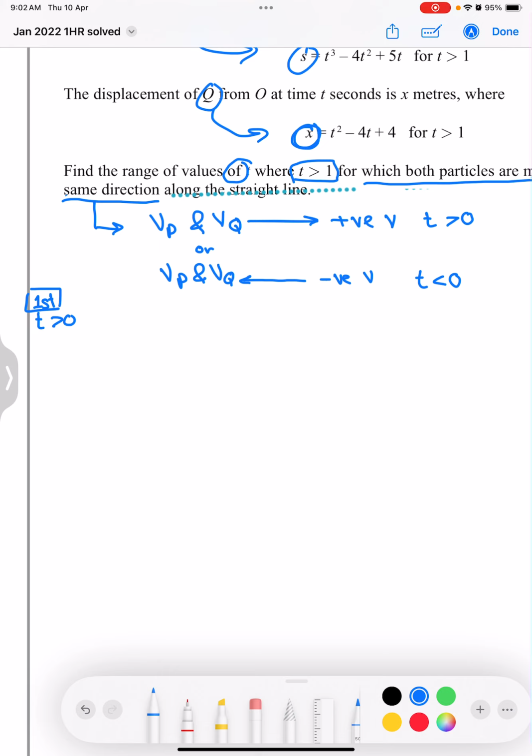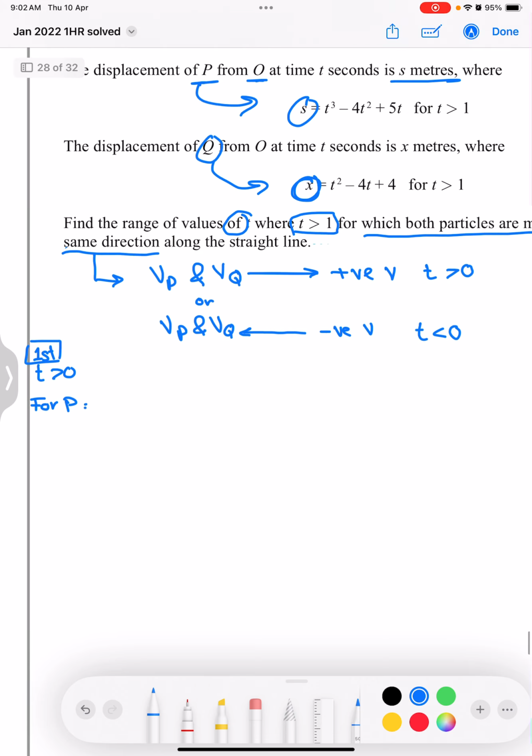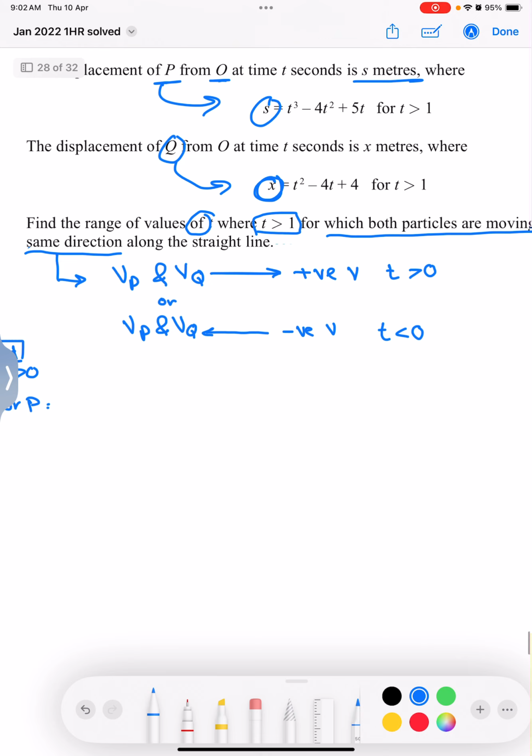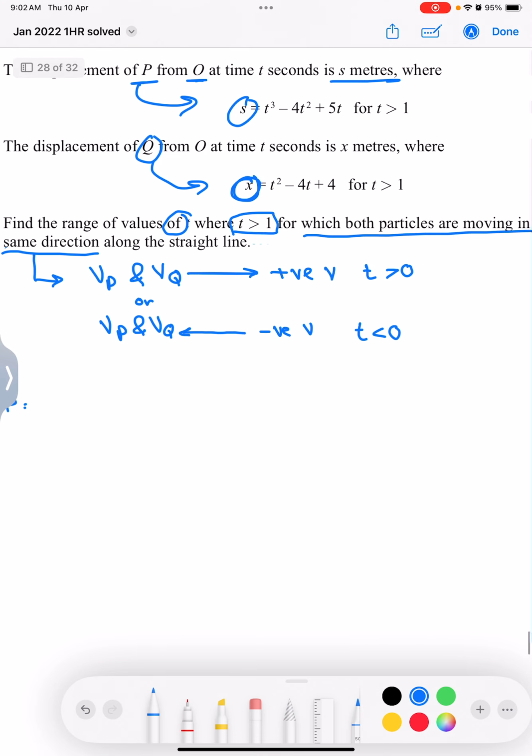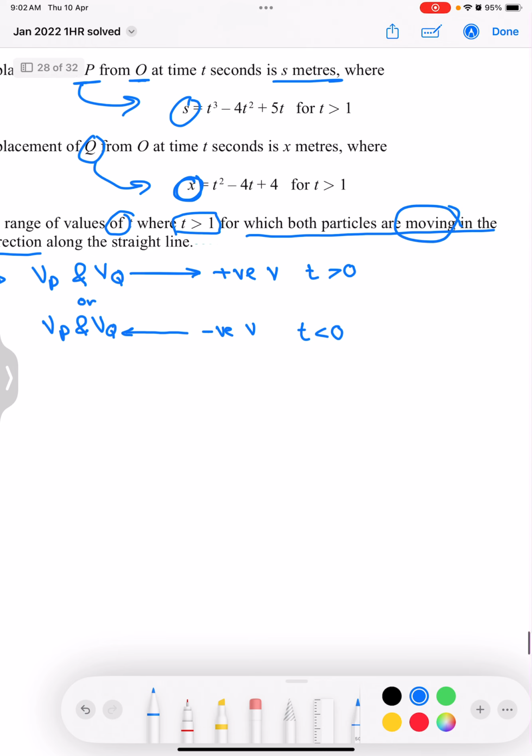I have for P, I'm going to do the differentiation. Why I thought about the velocity is because it's moving. I can't use distance or displacement.